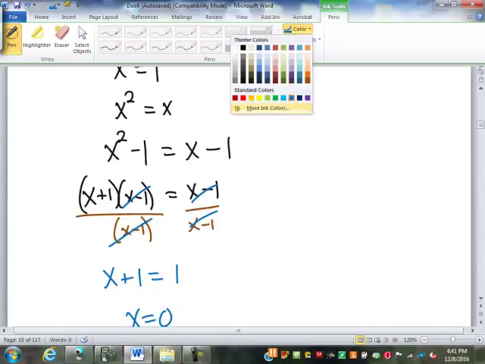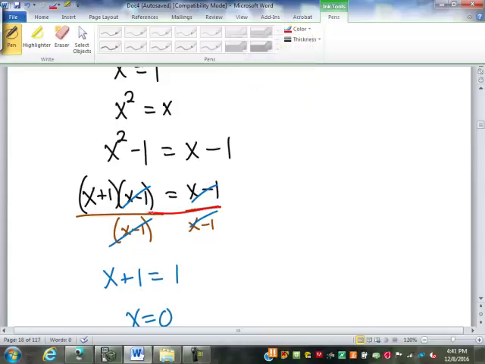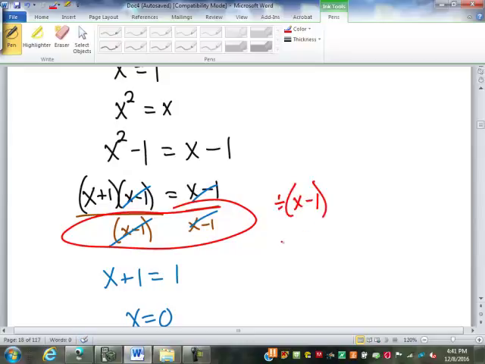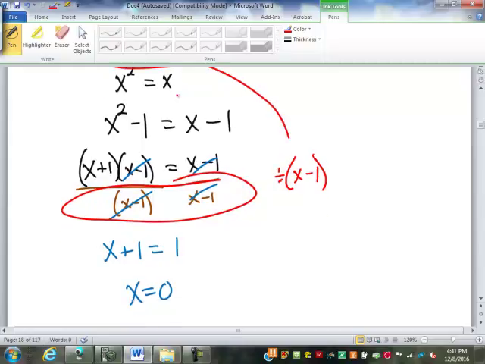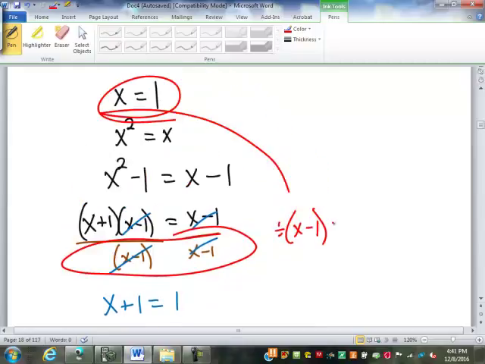Why? Well, the problem is right here. We divided by x minus 1. What is x? 1. So what's 1 minus 1? 0. We divided by 0. If you can divide by 0, really weird things happen. Bad things happen. So we can't divide by 0. In fact, your calculator says error.